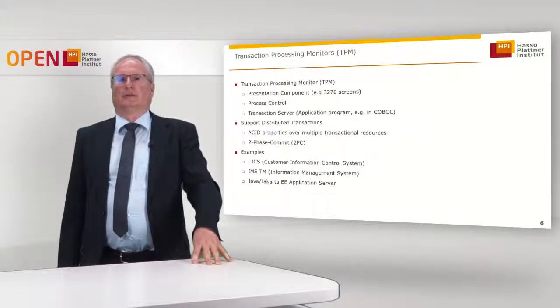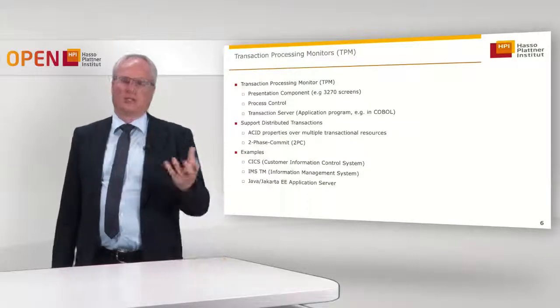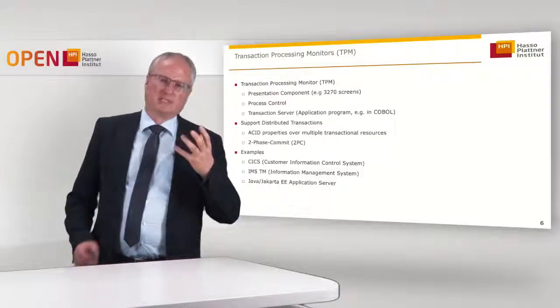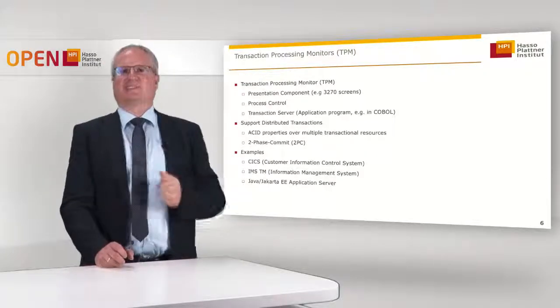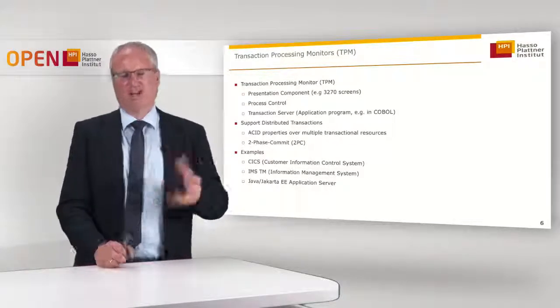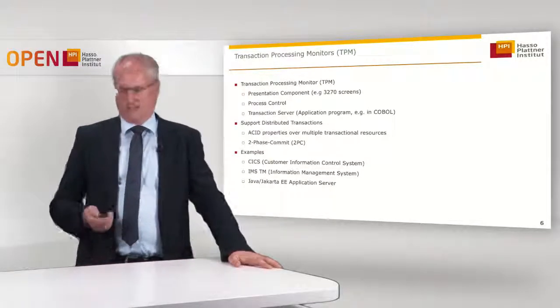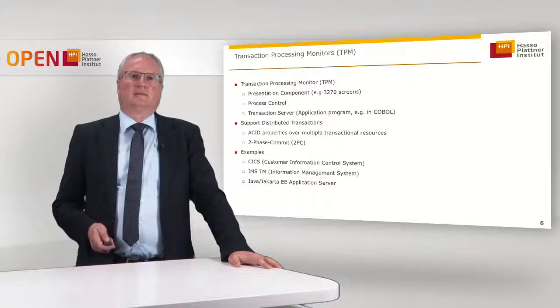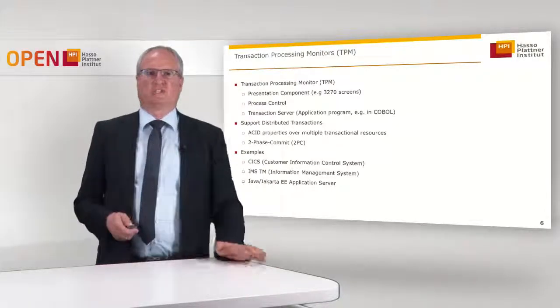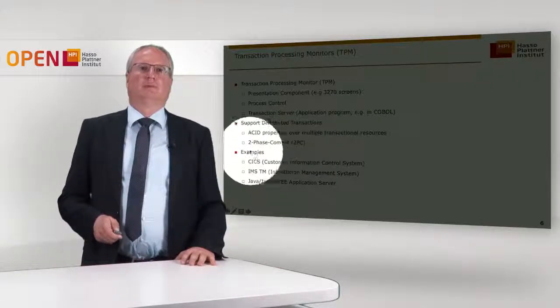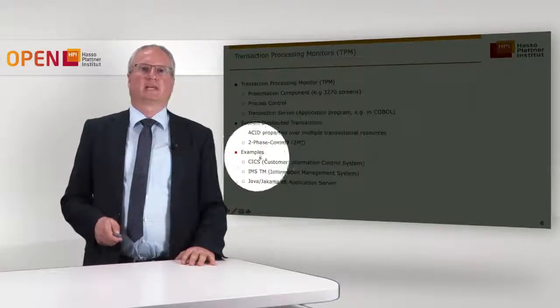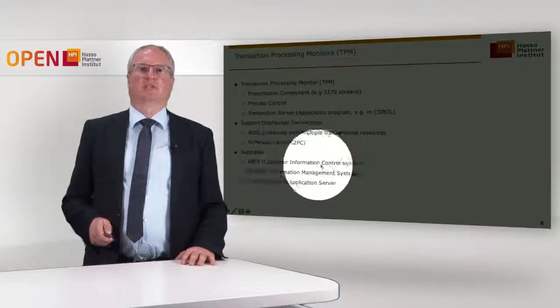In this project, the distributed transaction processing was implemented, and then the core functionality was carved out and encapsulated in a separate product over the years. And this evolved to the very famous transaction processing monitor by IBM for the mainframes and other platforms called CICS, the Customer Information Control System.